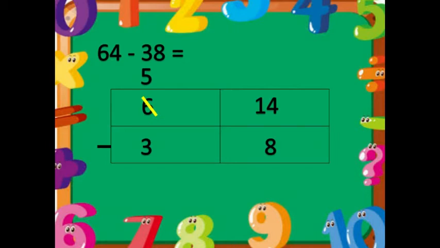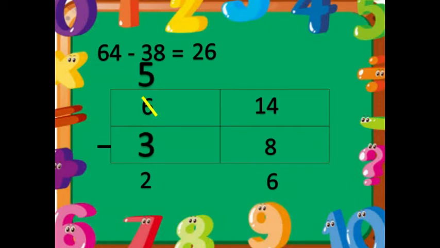We have 14 and 8. Now we can subtract 8 from 14. 14 minus 8, the answer is 6. Next we are going to subtract 5 and 3. 5 minus 3, the answer is 2. So the answer in 64 minus 38 is 26.